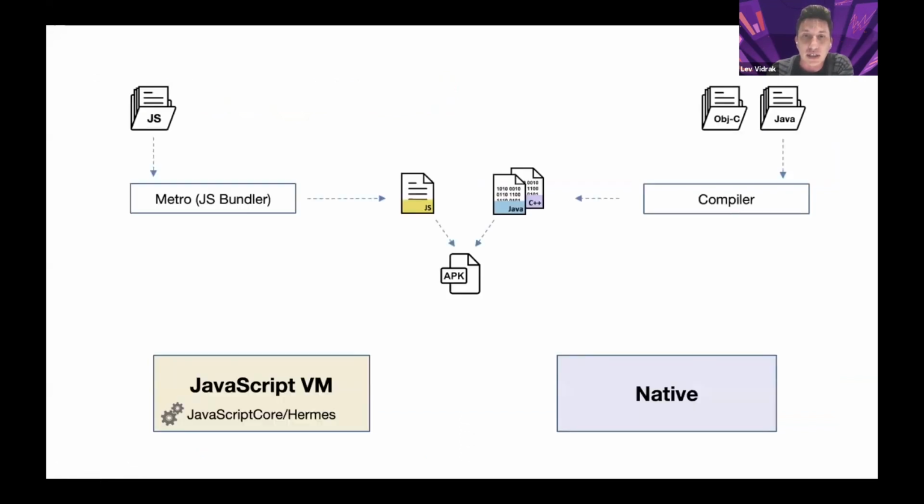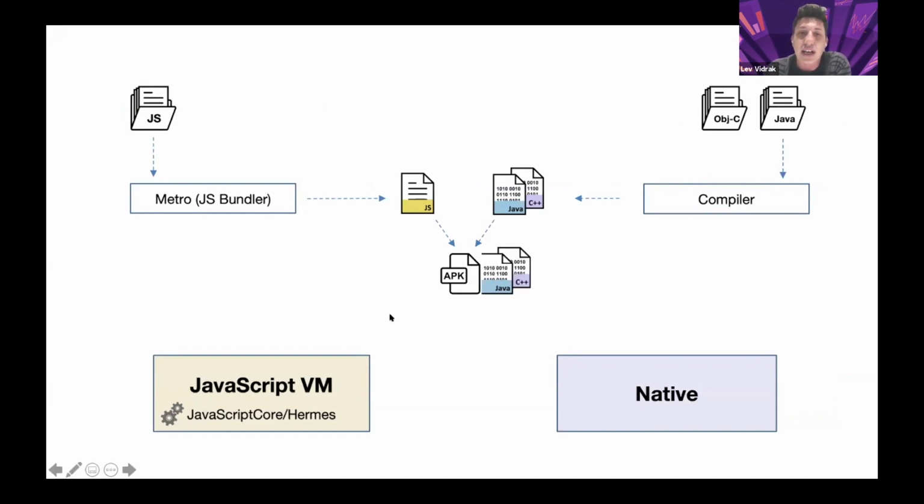A bit about how it's executed: the native code is compiled like any native application, and the JavaScript is bundled into one big JavaScript file, let's call it a JavaScript bundle.